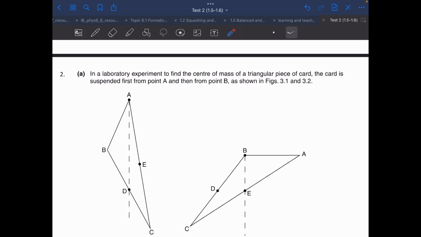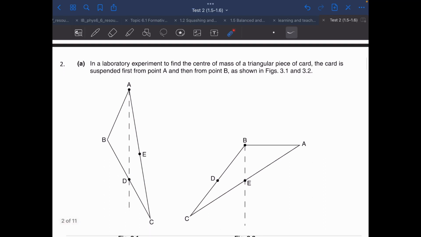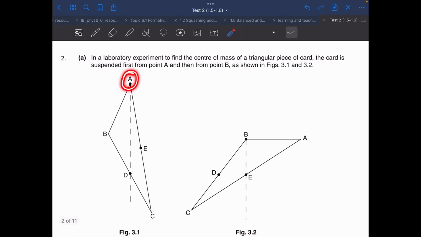Okay, second question says that in a laboratory experiment to find the center of mass of a triangular piece of card, the card is suspended from the point A, which is here, and then from the point B as shown in the figures.